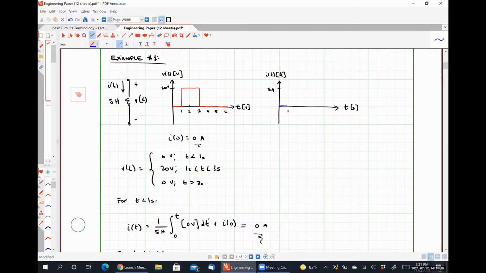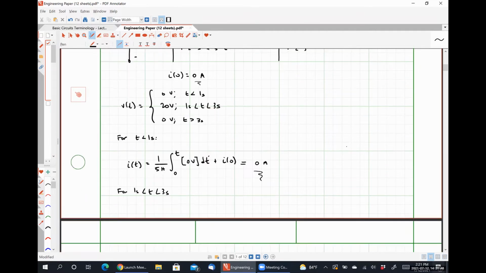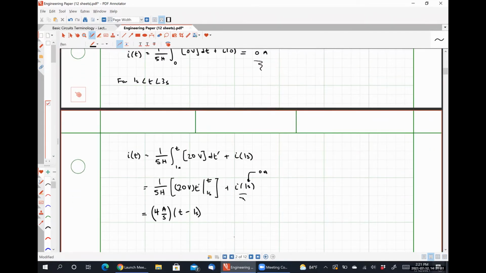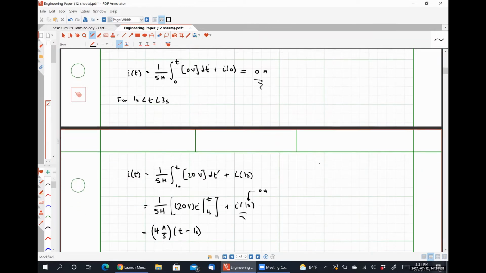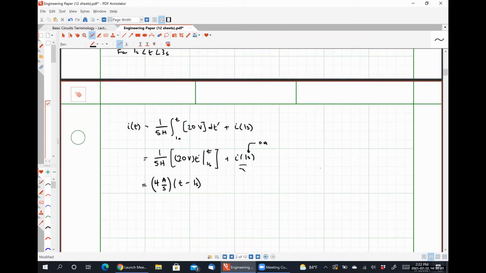In 2 seconds, our current is going to increase until it takes a value of 8 amps. So it is increasing at a rate of 4 amps per second, which is exactly the slope that we found from our integration. And it looks like it's just time shifted to the right by 1 second, which is what that t minus 1 second does. All right, so everything seems hunky-dory there.